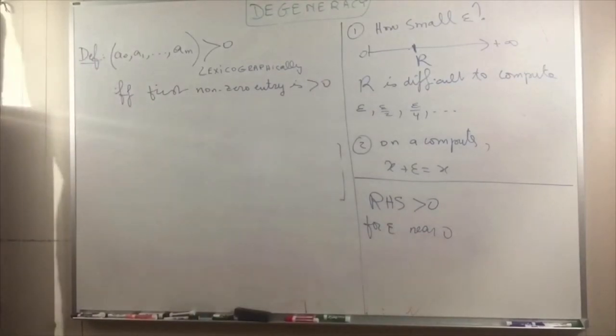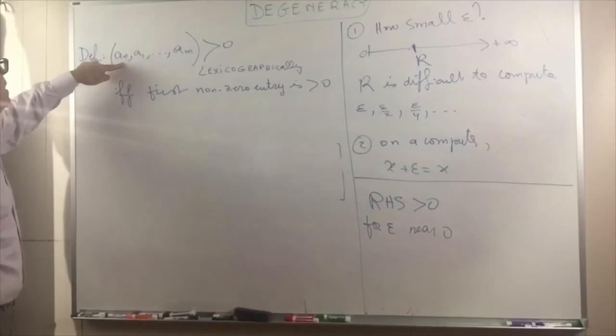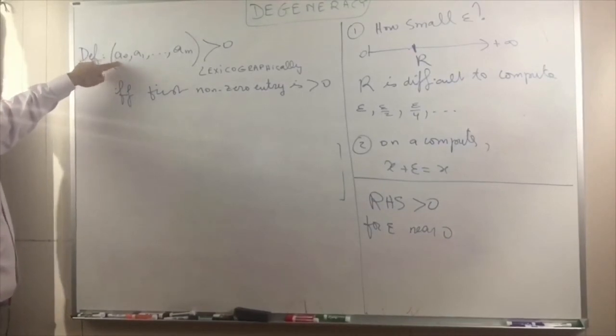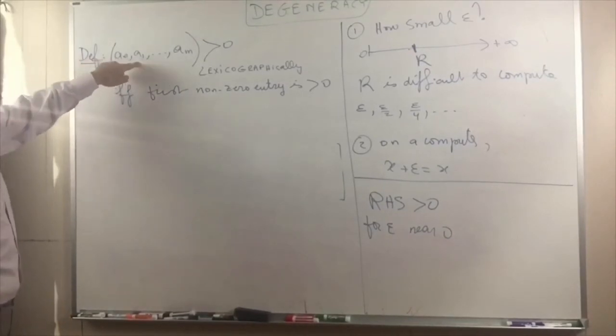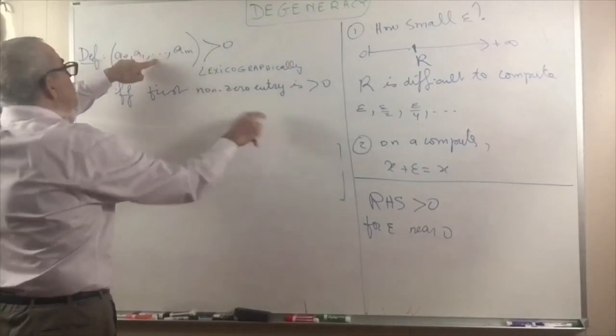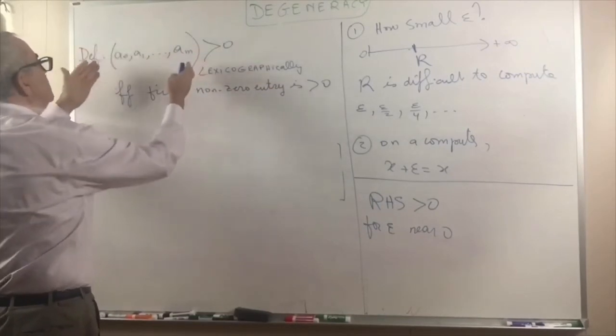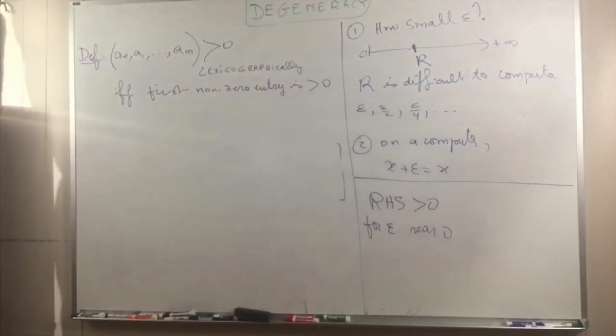In other words, I look to the first non-zero entry. If this is 0, I go to the next one, till I find a non-zero entry. If that entry is positive, then I say that this vector is lexicographically positive.